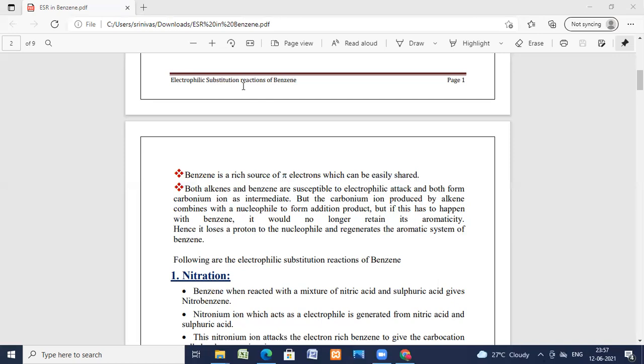First, benzene. It is a rich source of pi electrons. These can be easily shared. The pi electrons of benzene can be easily shared.